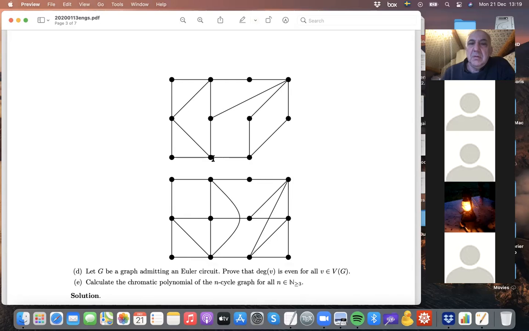Just to clarify, in a path you can't repeat vertices, but a trail can repeat vertices. Okay, how would you call it?